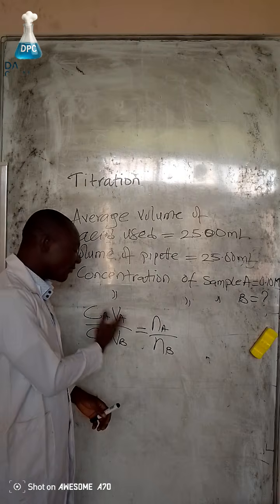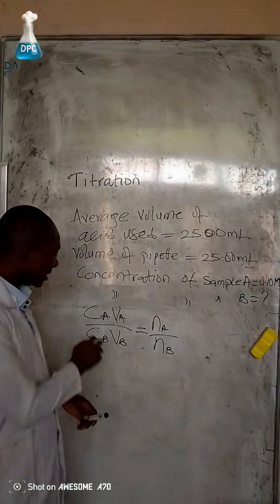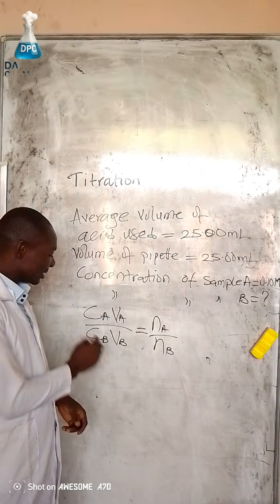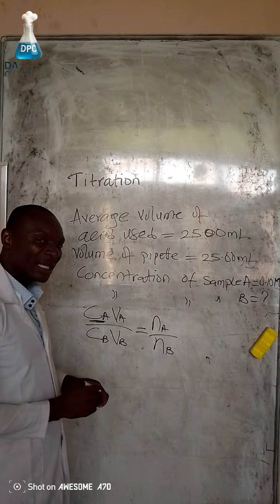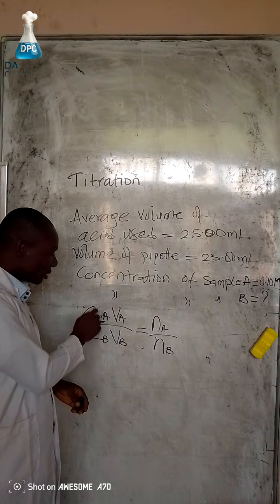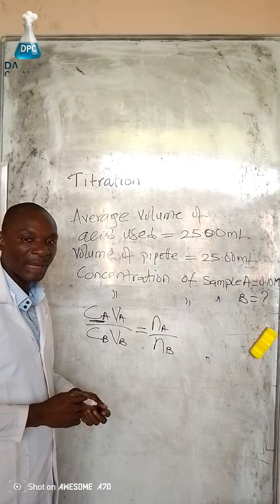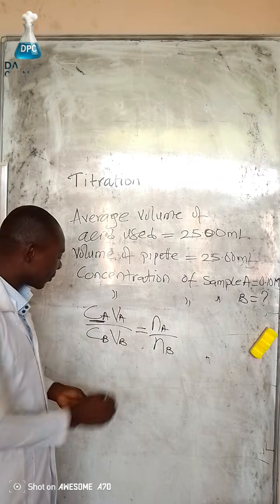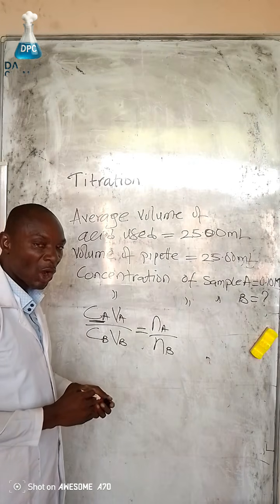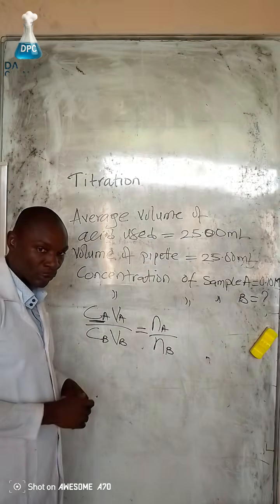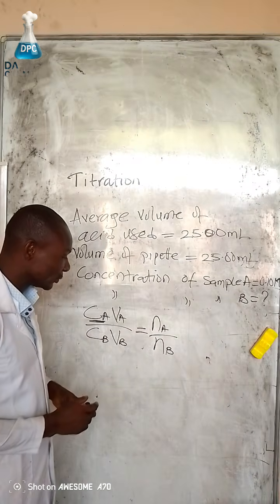Now, if you are not familiar with these parameters, let's define them. CA is the molar concentration of the acid, which is sample A or solution A. Then VA is the volume of sample A used, which is the volume of acid used.